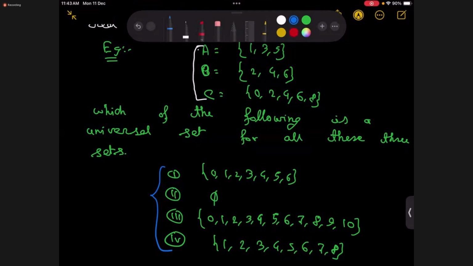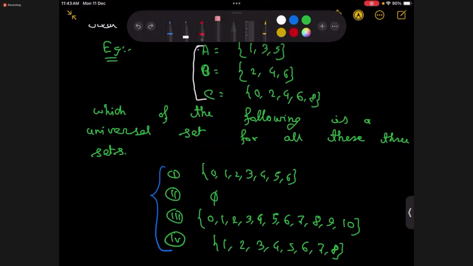But check C. C is not included in this set. Why not? Because 8 is an element of C, but 8 is not contained in the set 0, 1, 2, 3, 4, 5, 6.